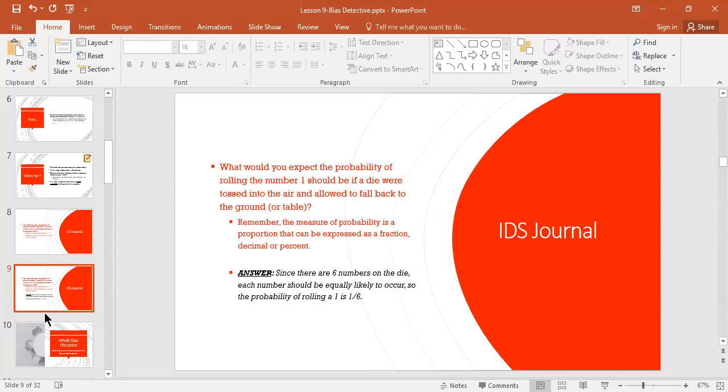Yes, Hector. It would still be 1 out of 6, because there's only one side that has a 3 on it. And the same is true for landing on a 5. The same is true for landing on a 4 or 2, or 6. There's only one side with that number. So it's still 1 out of 6 because there's 6 sides.